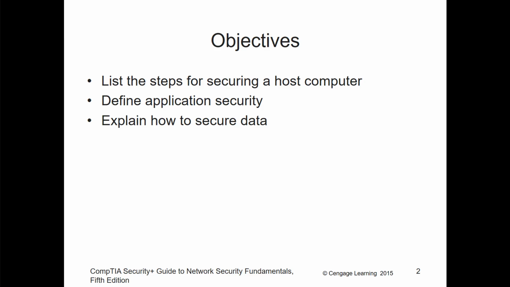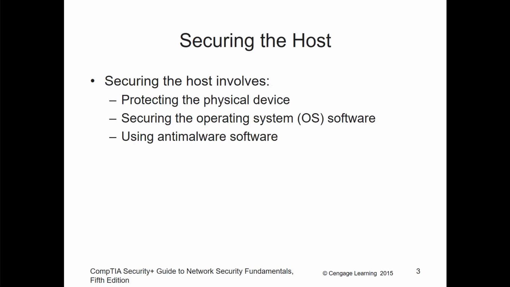This chapter we're looking at listing the steps for securing specifically a host, defining application security, and we're going to try to get a base understanding of why we need to secure and how to secure data.